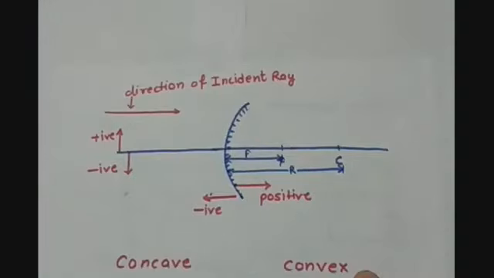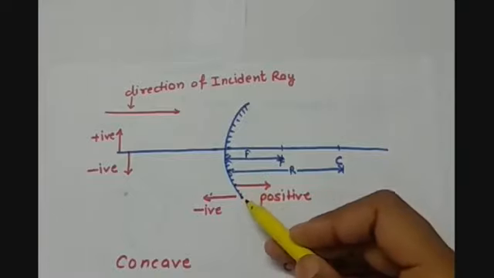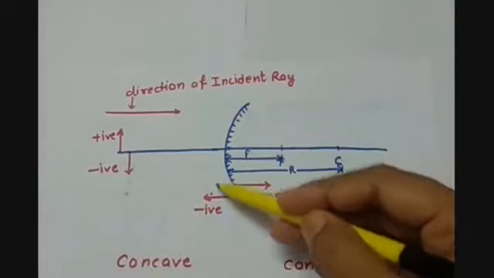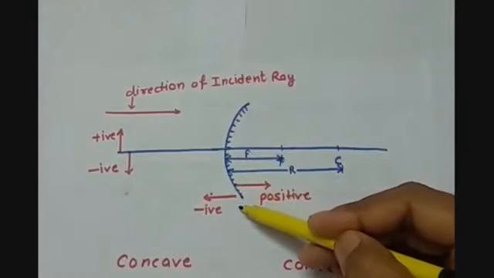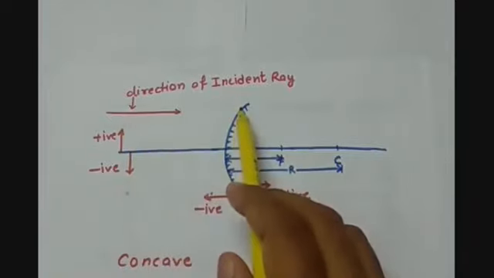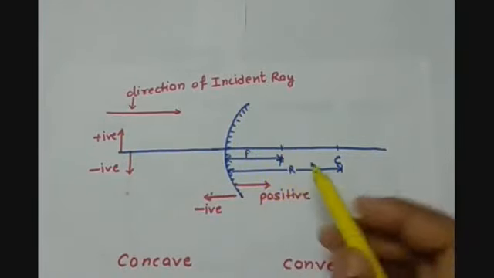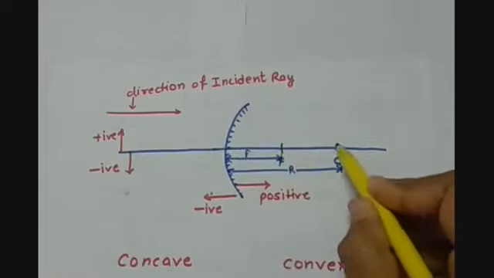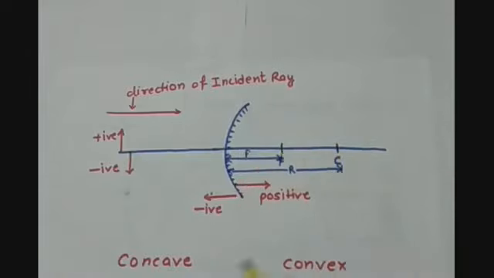The same thing applies to the convex mirror. But in case of a convex mirror, the bulging out surface is the reflecting surface. So if this is the direction of the incident ray, we will have our focus and center of curvature behind the mirror.